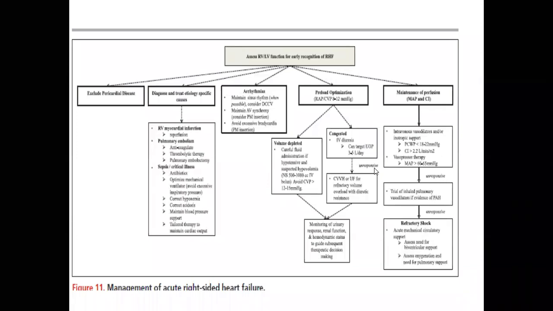Any question? How commonly do you encounter an isolated right-sided cardiomyopathy? Okay.